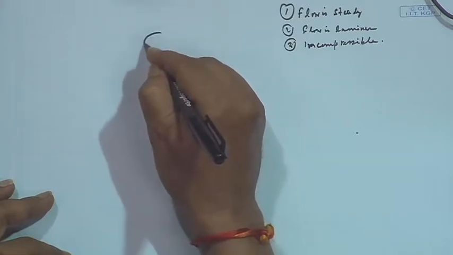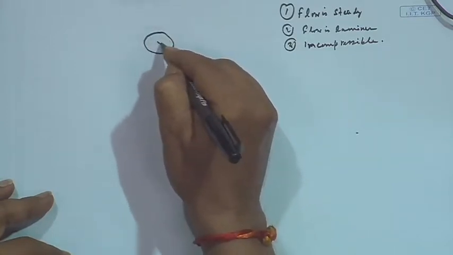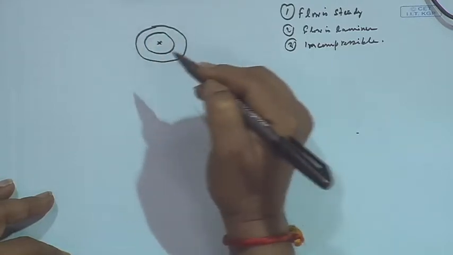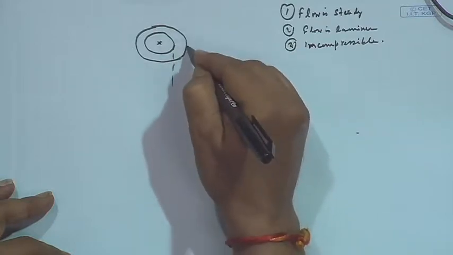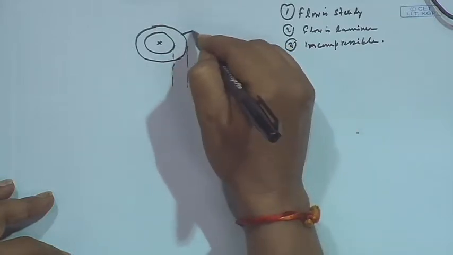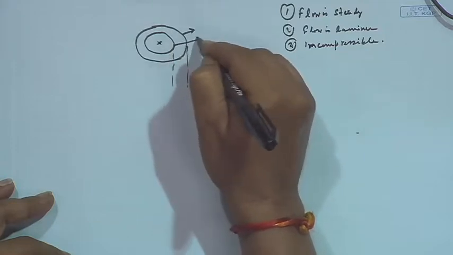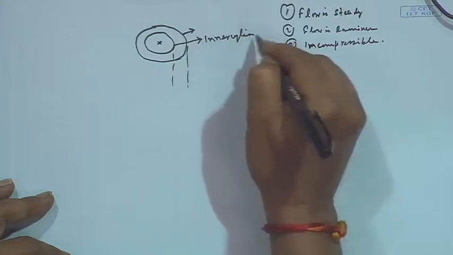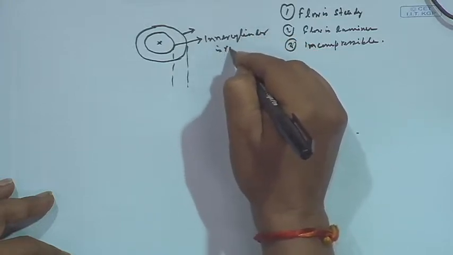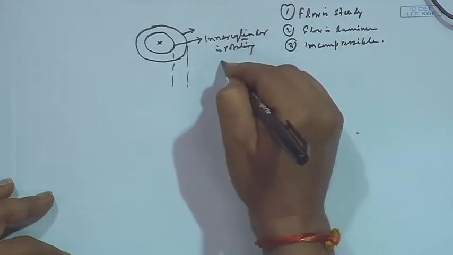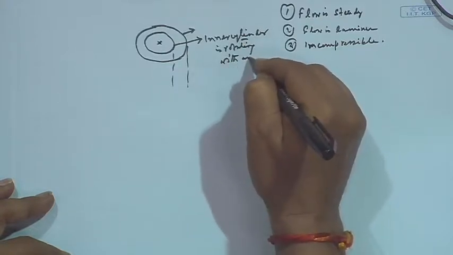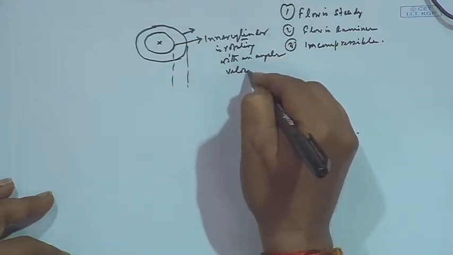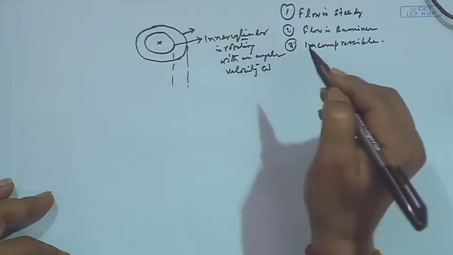we said that we have two coaxial cylinders like this, right, and the inner cylinder is rotating with an angular velocity omega, right.